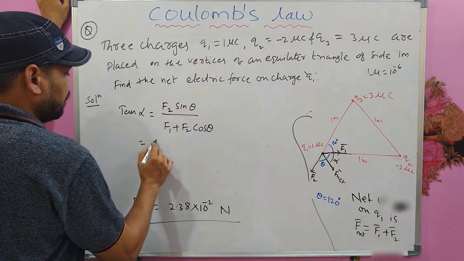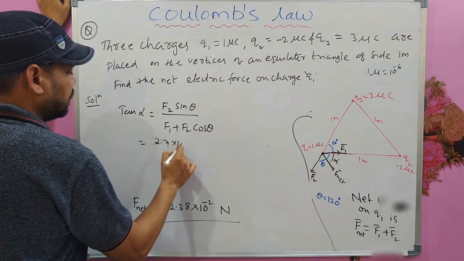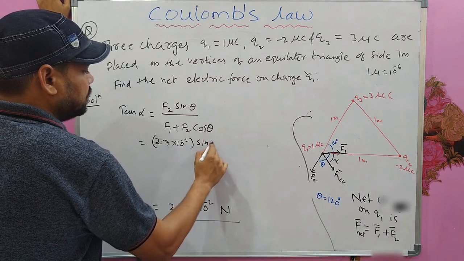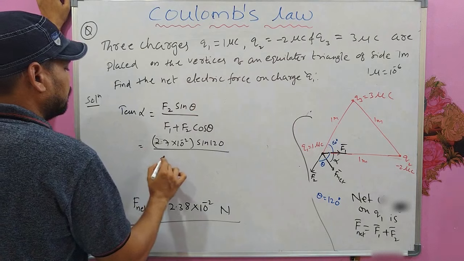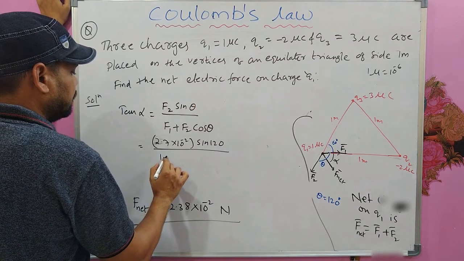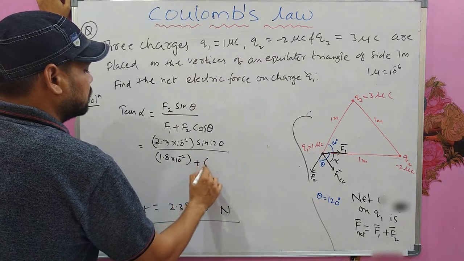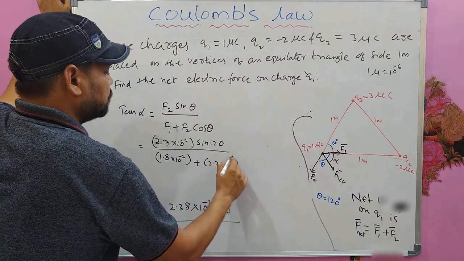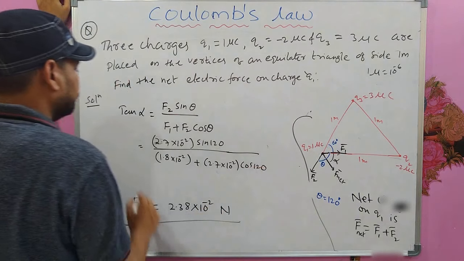So we know F2 as 2.7 into 10 to the power of minus 2 sine 120 by 1.8 into 10 to the power of minus 2 plus 2.7 into 10 to the power of minus 2 into cos 120.